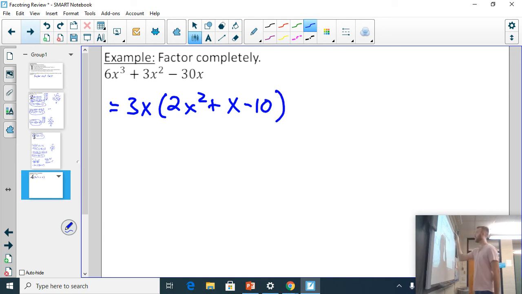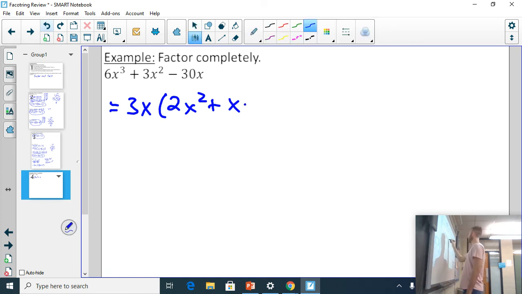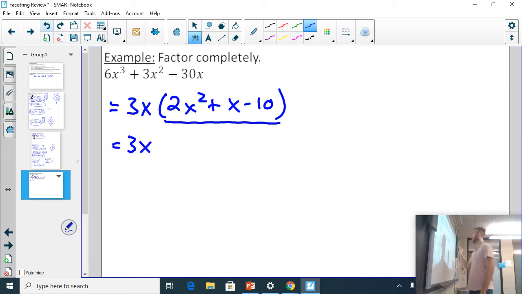Because if we were to take that 3x and throw it into everything in there, then we would get this back, right? 3x times 2x squared is 6x cubed. 3x times x is 3x squared, and then 3x times minus 10 is minus 30x. So now we can just, again, kind of just keep this 3x out front and focus on this.